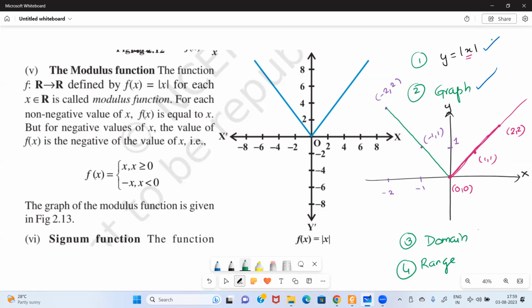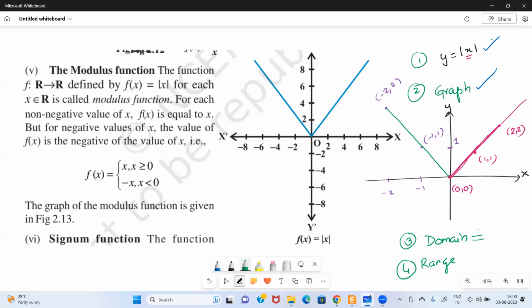Can x take 1? Can x take √2? Can x take 100? Can x take -100? Can x take -50,000? Is there any restriction on the value of x? No, sir. So x can take any value.